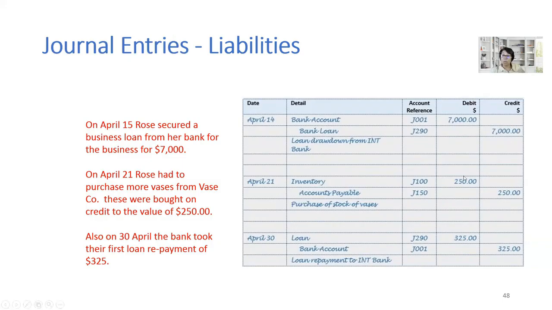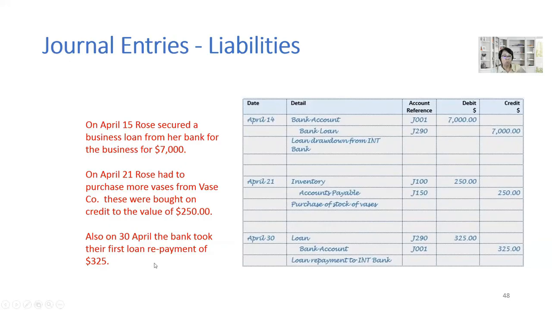But now we owe the vase company $250. And it's a liability. Whoop, here's the clue, payable. It's a liability. We owe it to them. And on a liability, credit means make liability go up. So the accounts payable went up by $250.